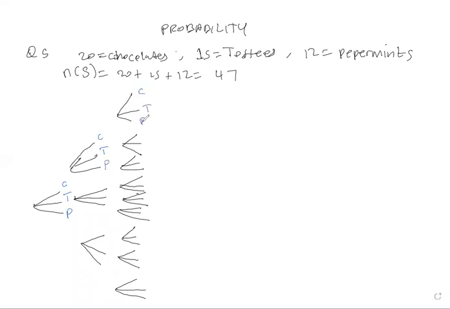C, T, P, C, T, P, C, T, P. We are writing the type of sweets to each stem of the tree diagram. Okay, we are done now.